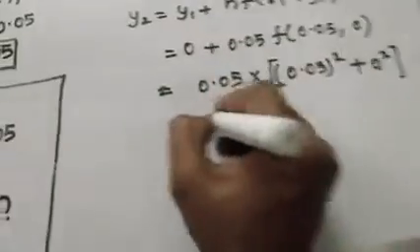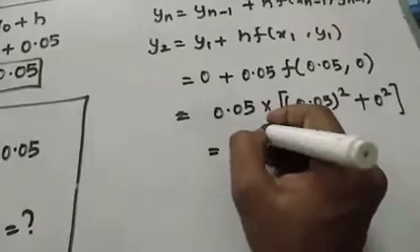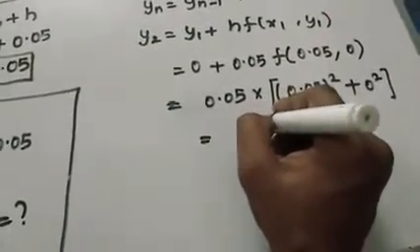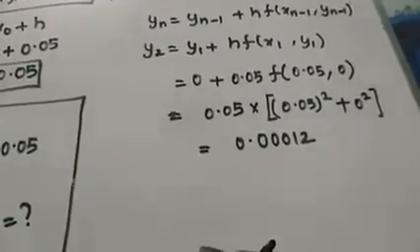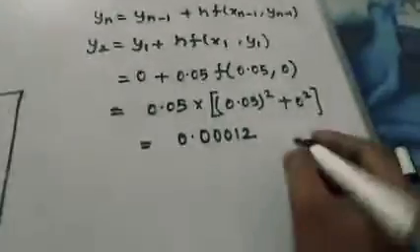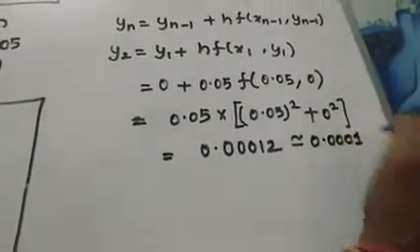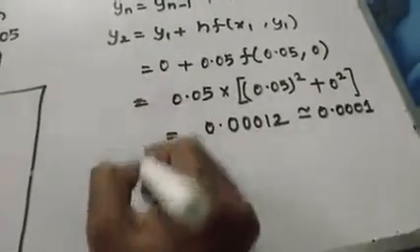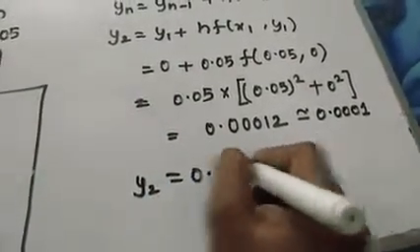After multiplying and simplifying, we simply get 0.00012. The question demands 4 correct decimal places. If we make it 4 decimal places, it approximately becomes 0.0001. So this is your y2. So finally, y2 is 0.0001.